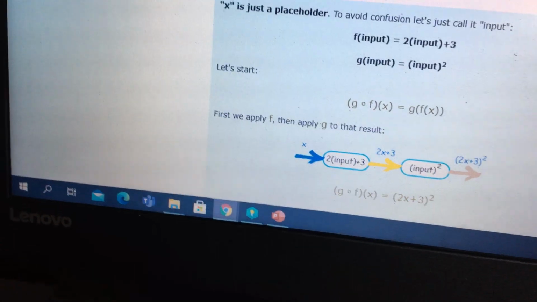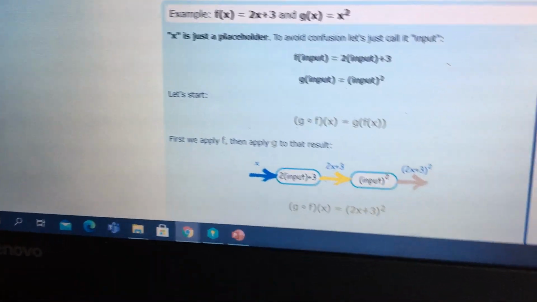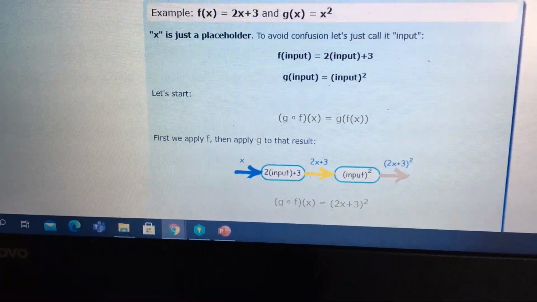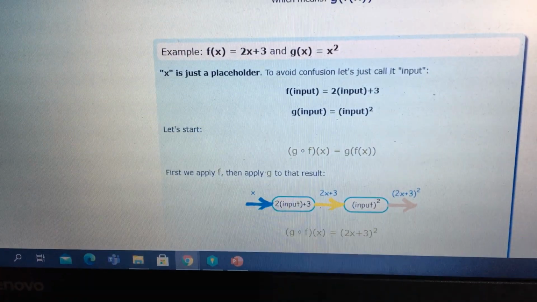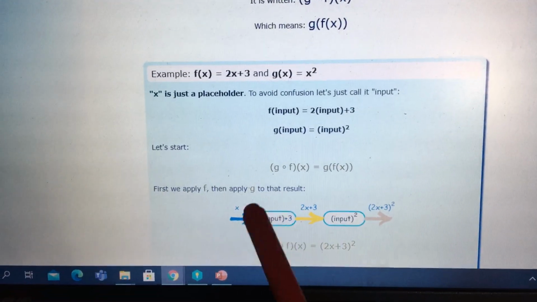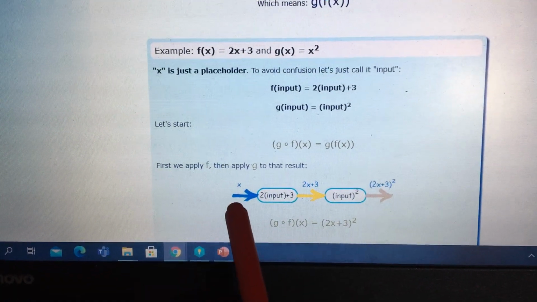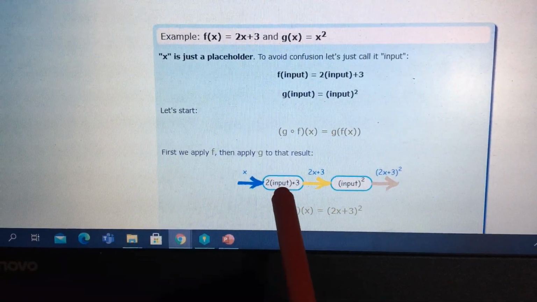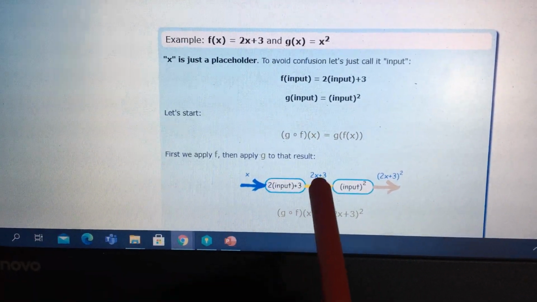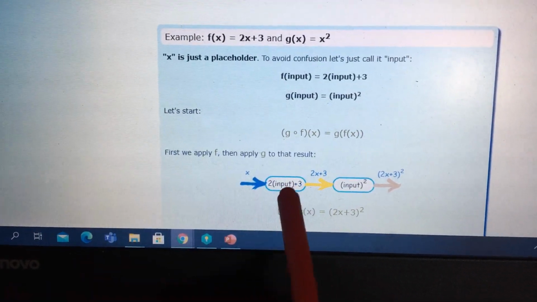From this diagram below, our input here is x, so twice the input plus 3, so 2 times x plus 3 will be the output of this stage.